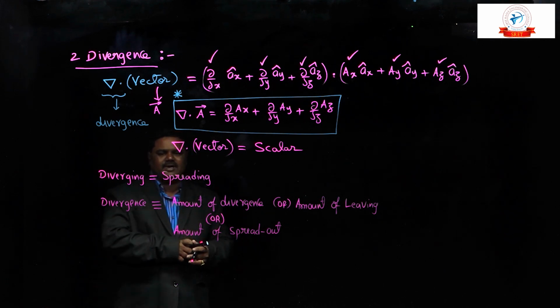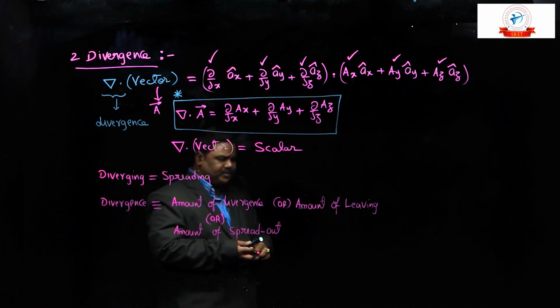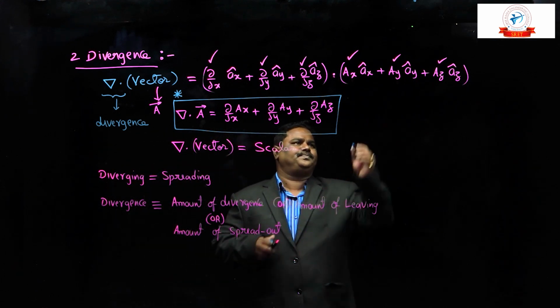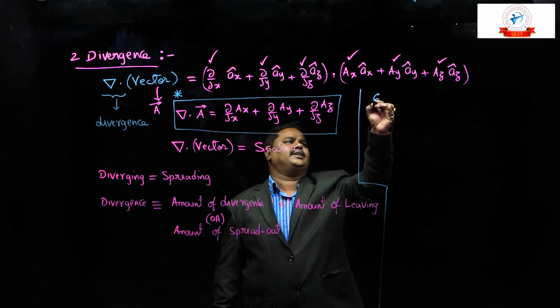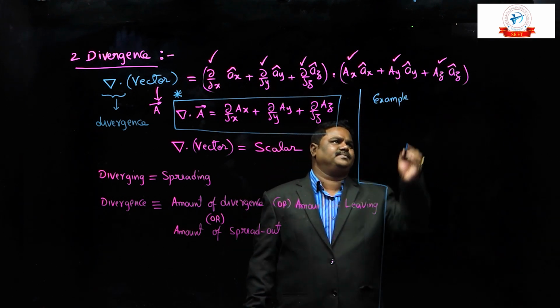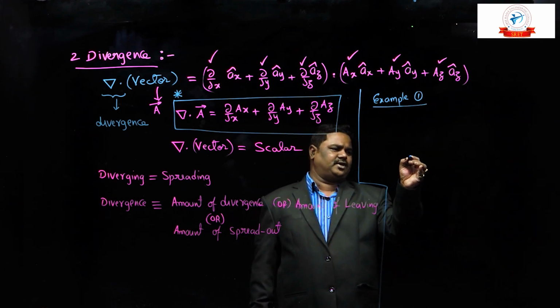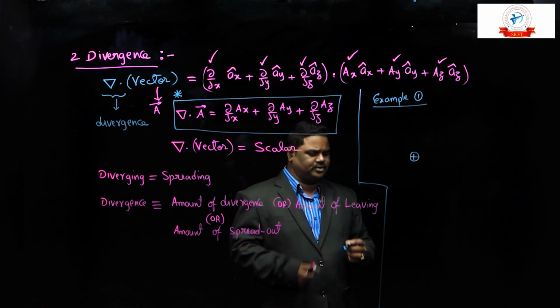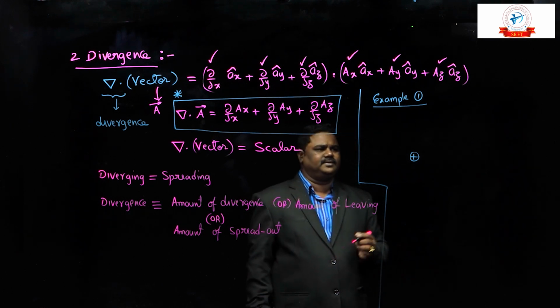Let me explain the meaning of this divergence operation with the help of some examples. Consider the first example. Let us consider any positive charge. What is the direction of the electric field due to a positive charge?